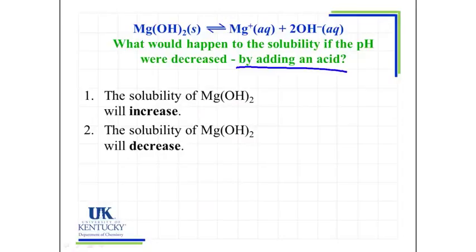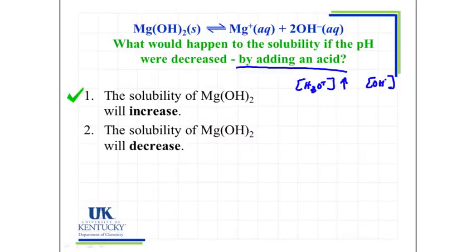Let's add an acid. Now when you add an acid, the H3O plus concentration goes up, but what does the OH minus concentration do? Think about that and then answer the question. Well, if you said it would increase the solubility, you would be correct. Why is that?